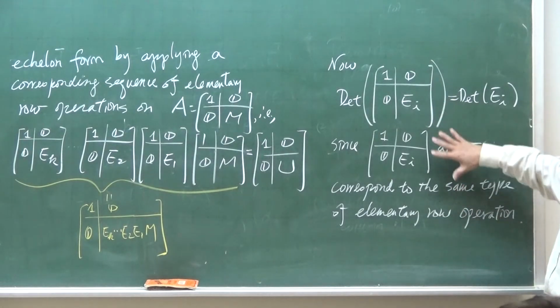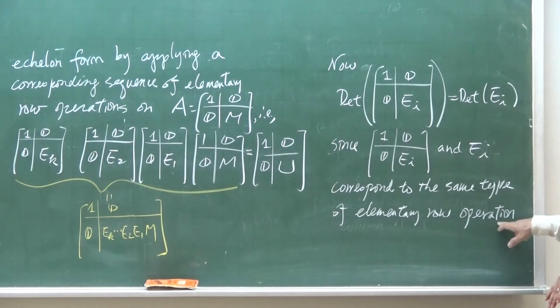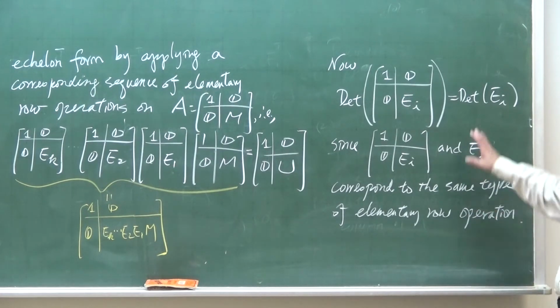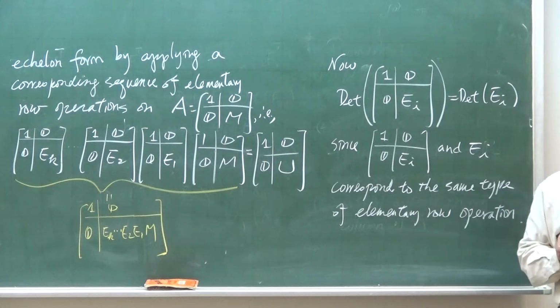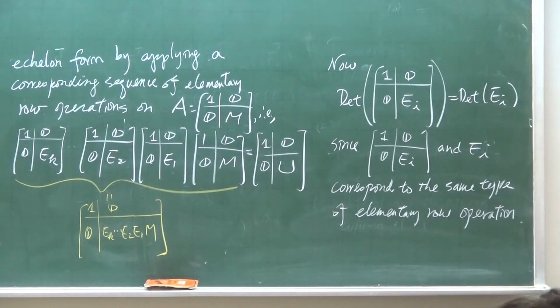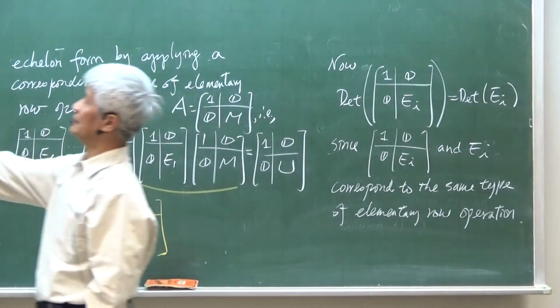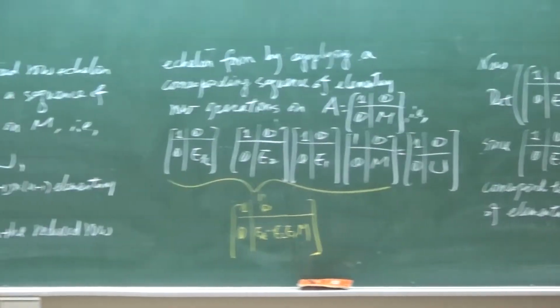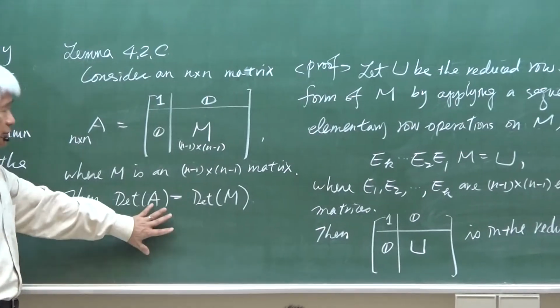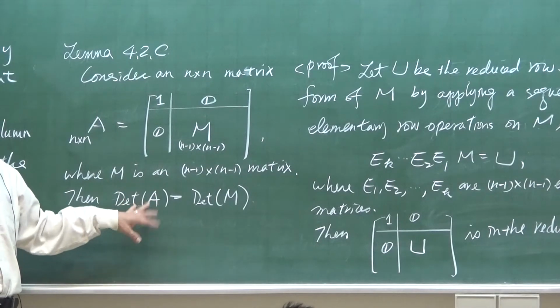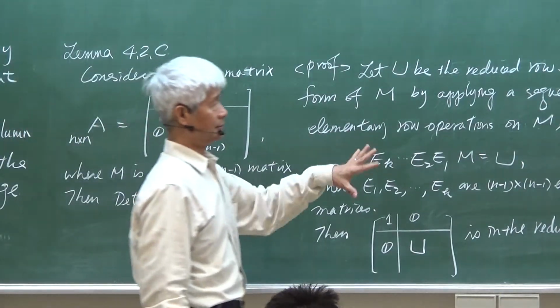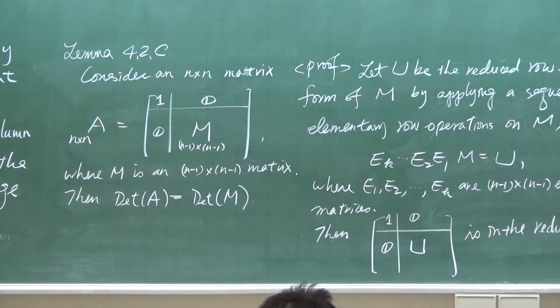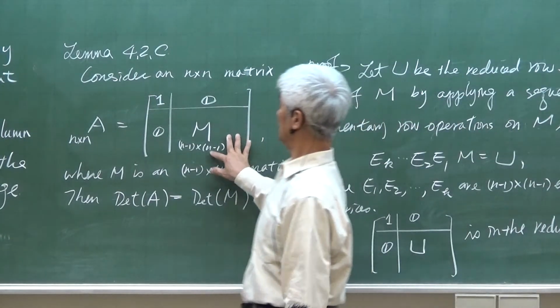Okay, so because they correspond to the same type of elementary operation, as I just explained. Any questions? So actually, once again, if M is an elementary matrix, then this is true. Again, it's quite easy to check.